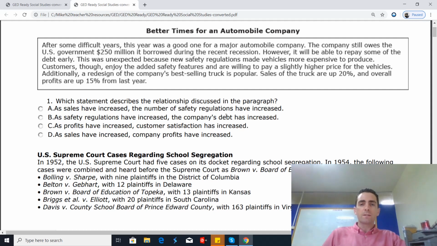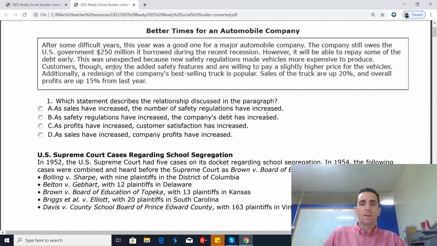Customers, though, enjoy the added safety features and are willing to pay a slightly higher price for the vehicles. Additionally, the redesign of the company's best-selling truck is popular. Sales are up 20% and overall profits are up 15% from last year. So can we see here, as sales have increased, the number of safety regulations has increased?